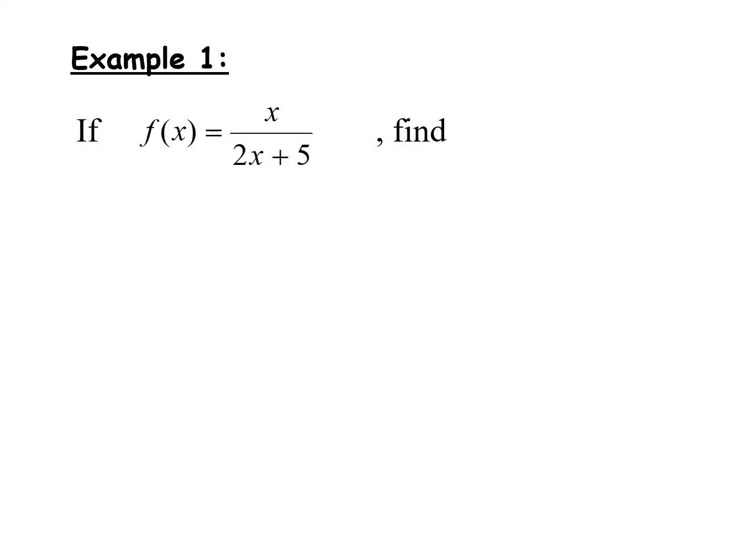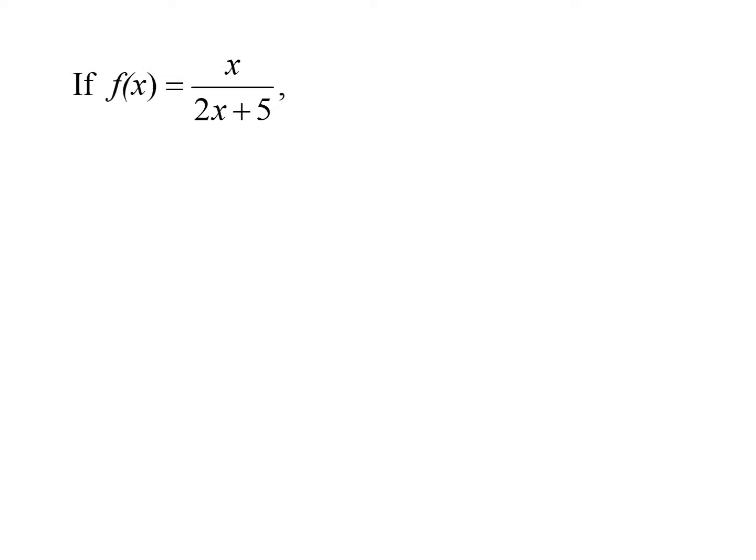Let's look at example 1. If f(x) is equal to x over 2x plus 5, find (a) f(3x), (b) f(4/x). To find f(3x), we must substitute 3x into x in f(x).